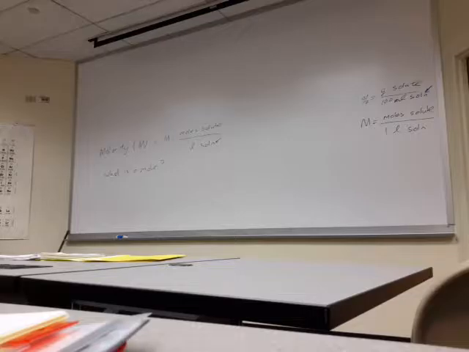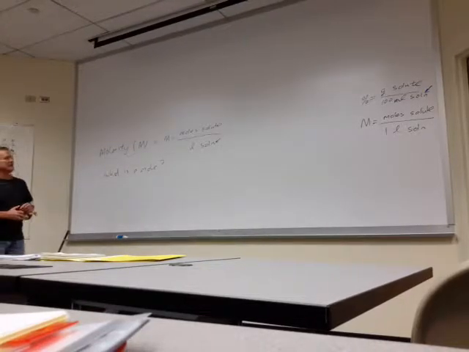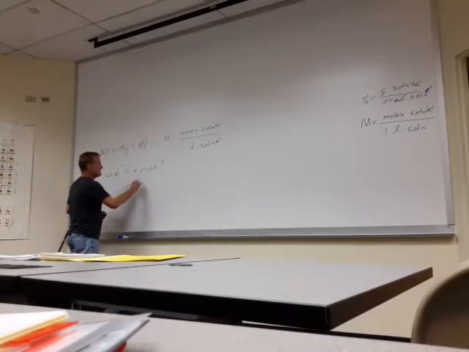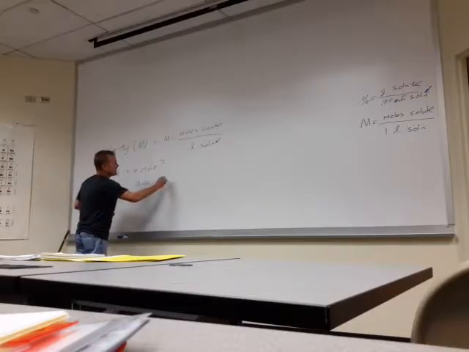What's a mole? You remember from biology, you remember from high school. Yeah, I heard it, Avogadro's number, 6.02 times 10 to the 23rd. You guys know how a dozen equals 12?